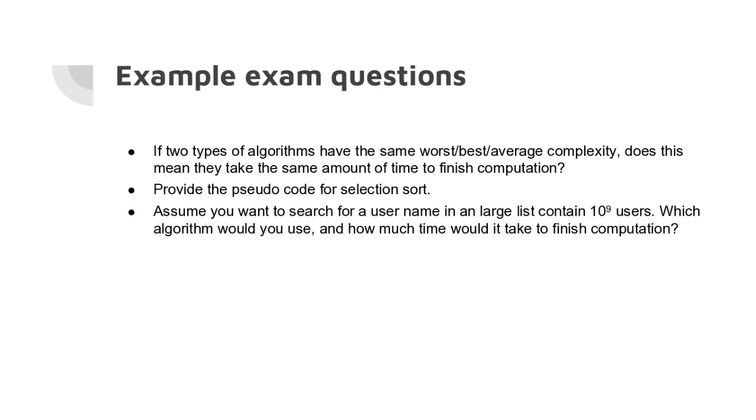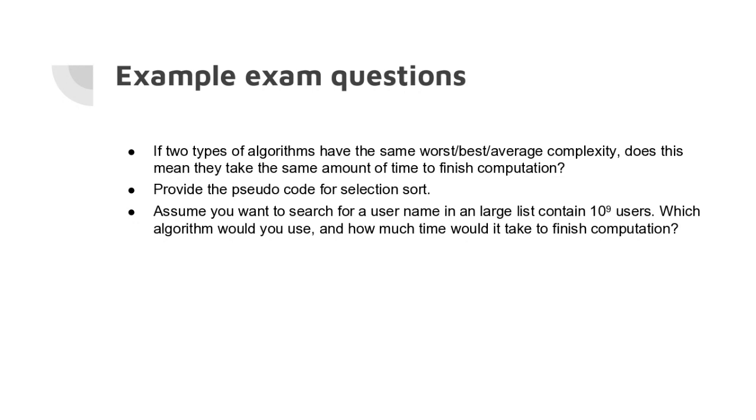So they don't take the same amount of time to finish computation, but they will be in the same order of magnitude. If they're both n squared algorithms, then they will both take about 10 minutes, but maybe one will be 15 minutes because you ignore the constants with complexity. So that's the first question.